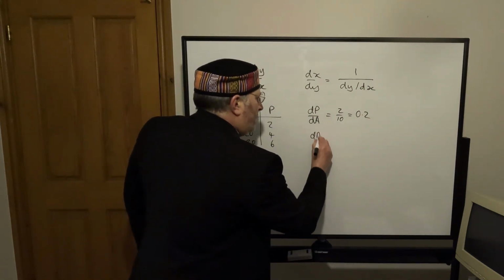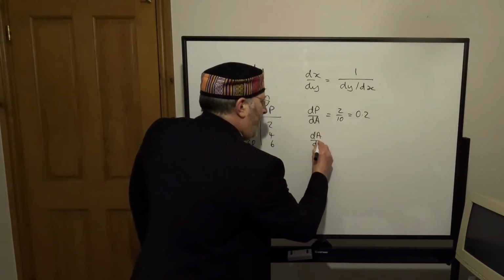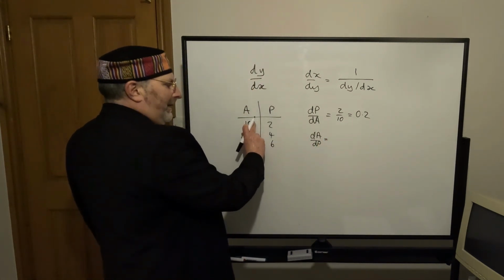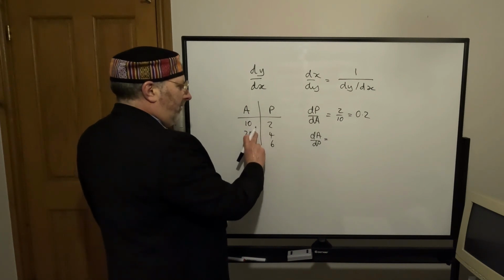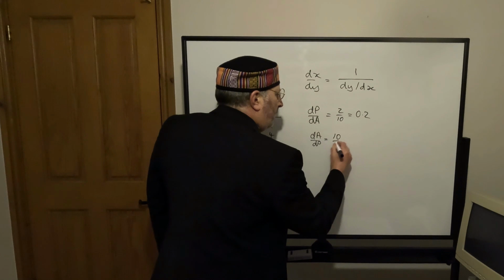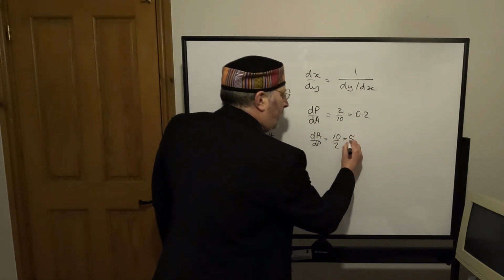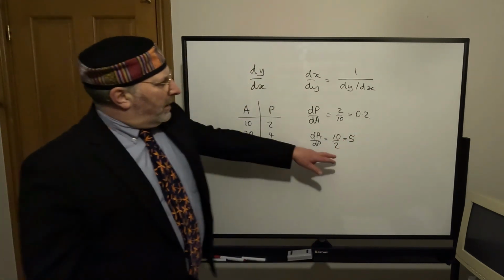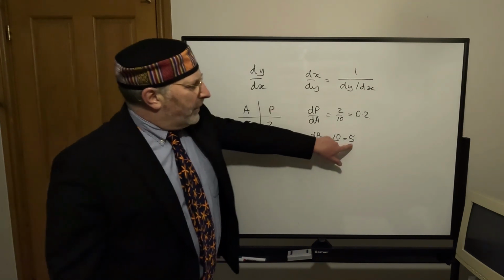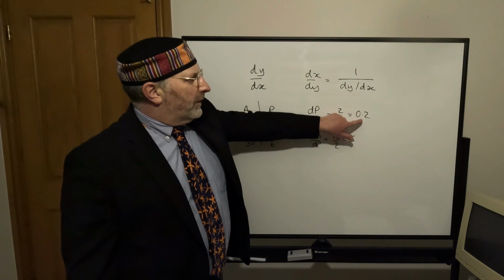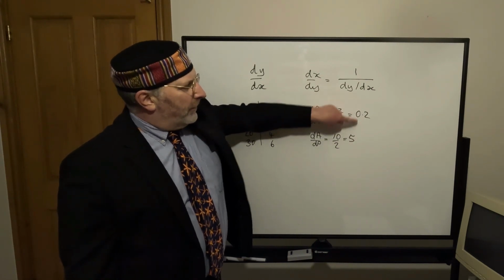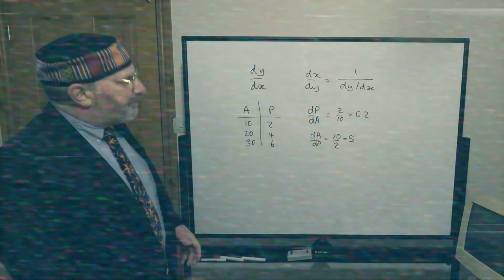And dA by dP, how much does the area change for a given increase in population? Well, it's clearly just the other way around. The area increases by 10 when the population increases by 2. So that's 5. So dA by dP is 1 over dP by dA, as 5 is 1 over 0.2, and 1 over 5 is 0.2, and 1 over 0.2 is 5.